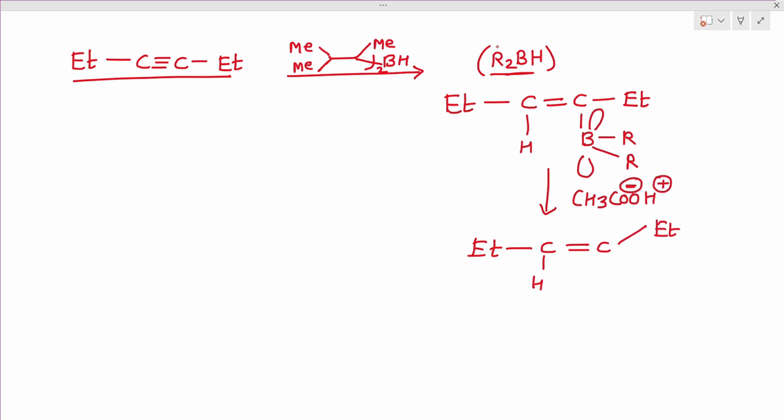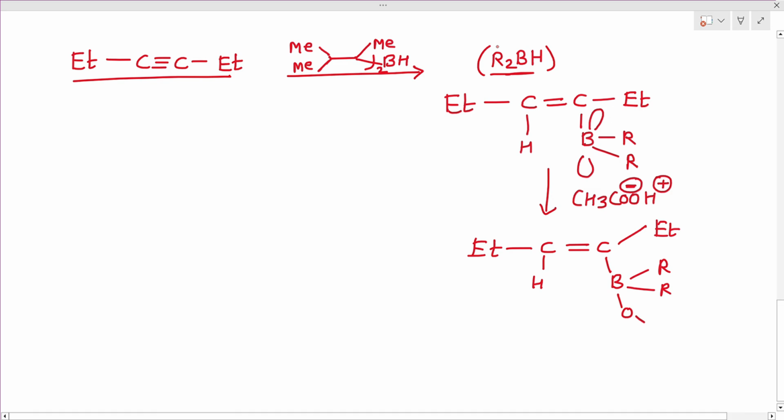Here is hydrogen. This will remain as it is. See here, a new bond is formed. This is R, this R. This boron will accept the electron density from CH3COO and it will form a bond like OCOCH3. Okay, now this will be negatively charged.